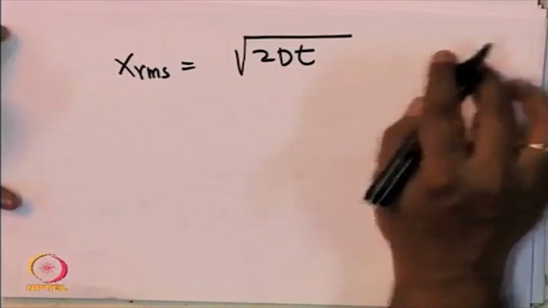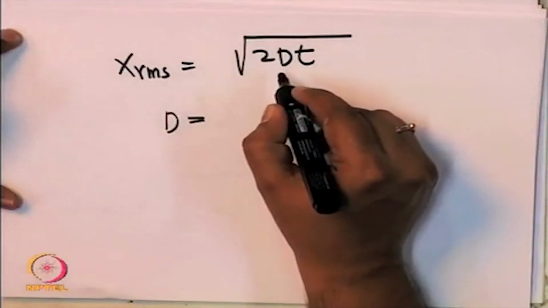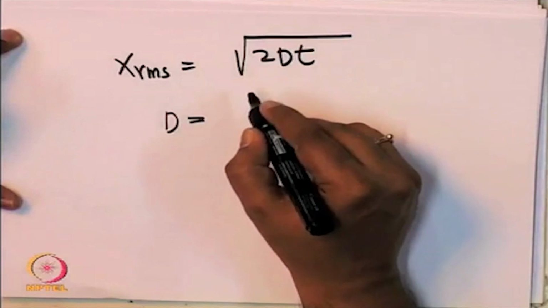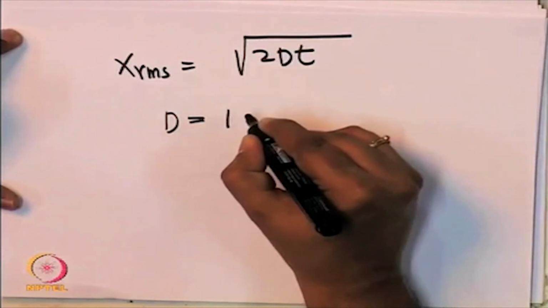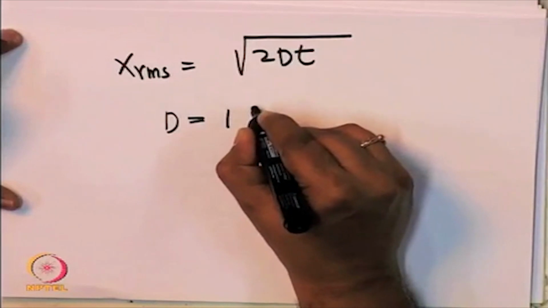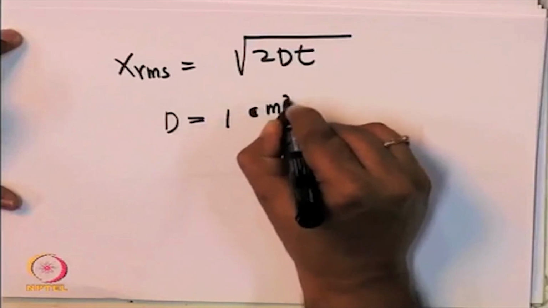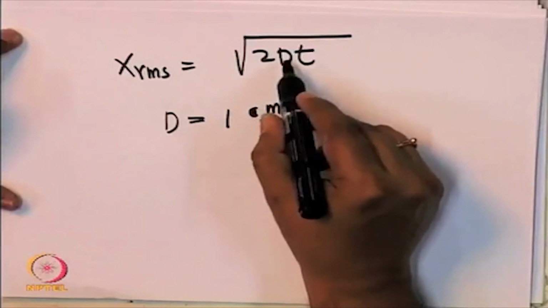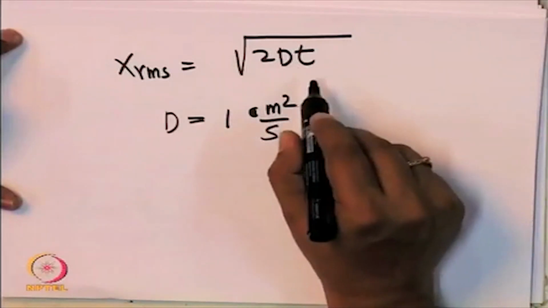Now, let us see what it is. What is the unit of d here? Let us take d as 1, in meter square per second. Diffusion coefficient has a unit of meter square per second.